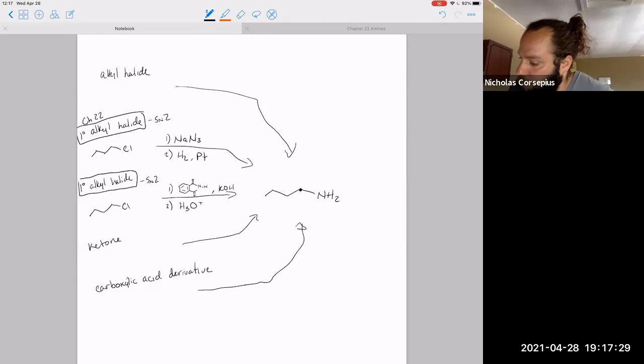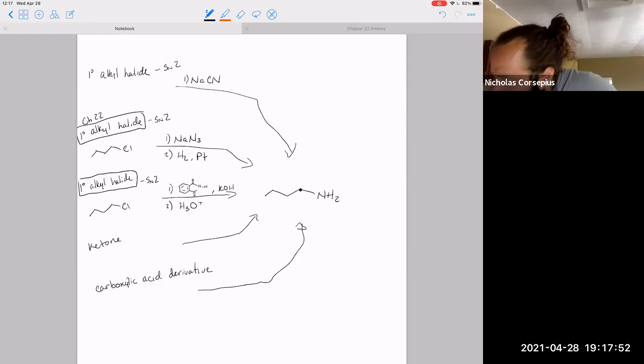One of the ones we learned about previously would have been if we treated this with sodium cyanide. Again, this would be an SN2 based reaction, so we're going to need a primary alkyl halide. And then we hit it with a reducing agent. Turns out that for the cyanide, we have our common lithium aluminum hydride followed by water. Okay, but what alkyl halide would I need to start out with for this one?